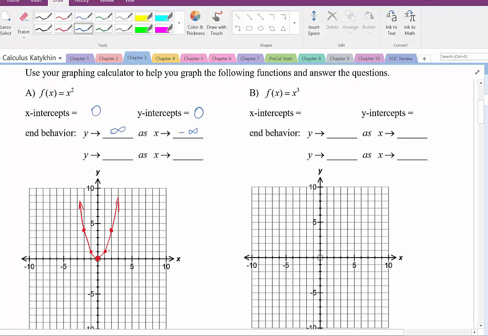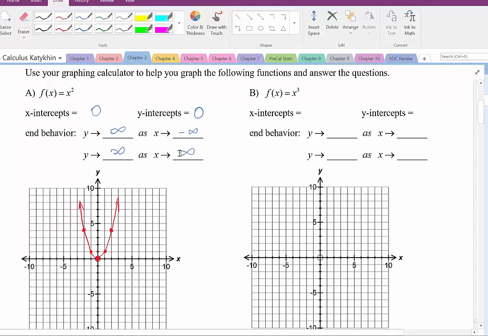And as y goes to positive infinity on the right side, you also have x going to positive infinity. So you have two cases where y goes to positive infinity, so they're both going up in that direction.